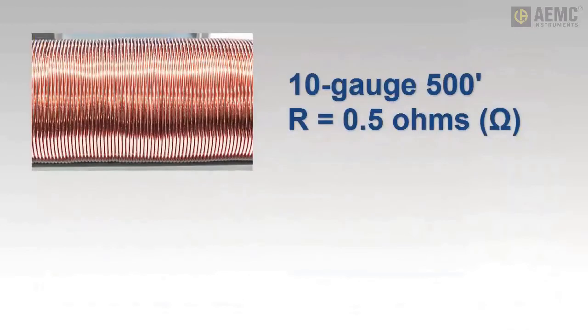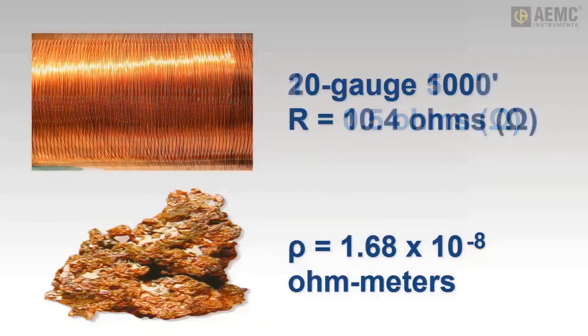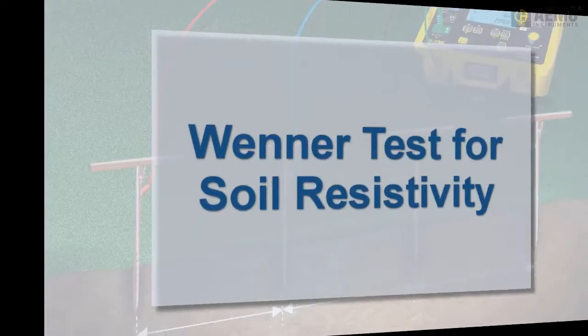For example, a 500-foot length of 10-gauge copper wire has a specific resistance, measurable in ohms, while copper as a material possesses a general resistivity, expressed in units such as ohm centimeters or ohm meters. Changing the length or gauge of the wire changes its resistance, while the resistivity of the copper from which it is made remains the same.